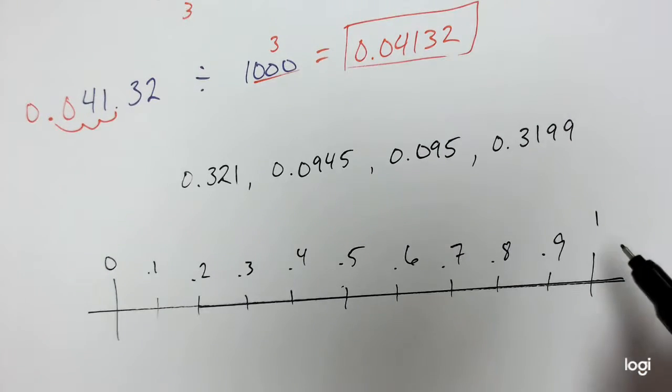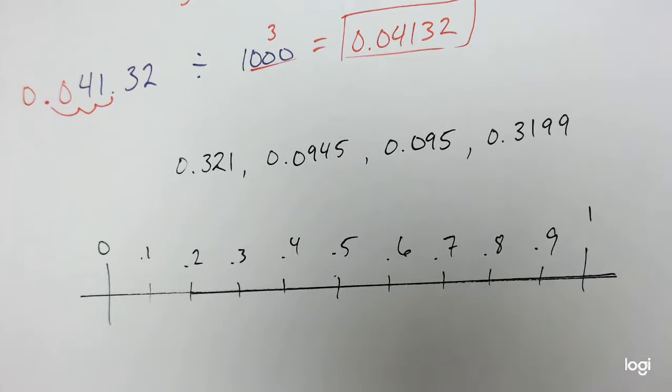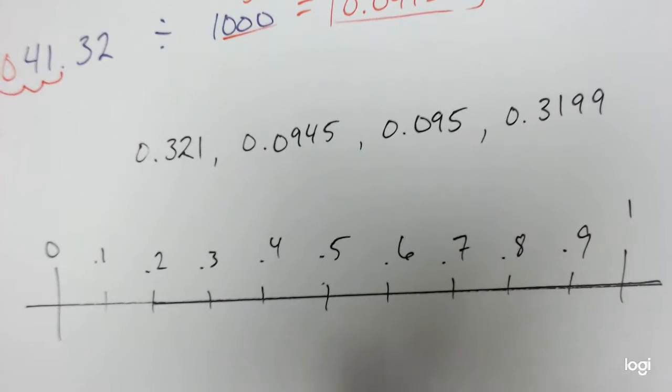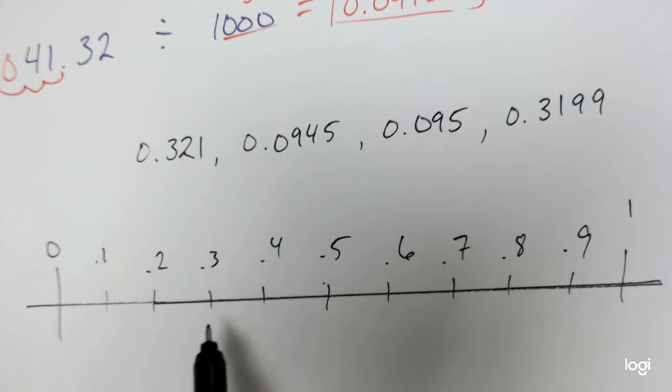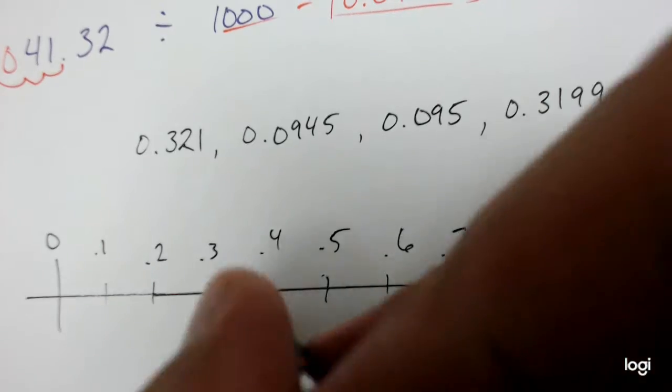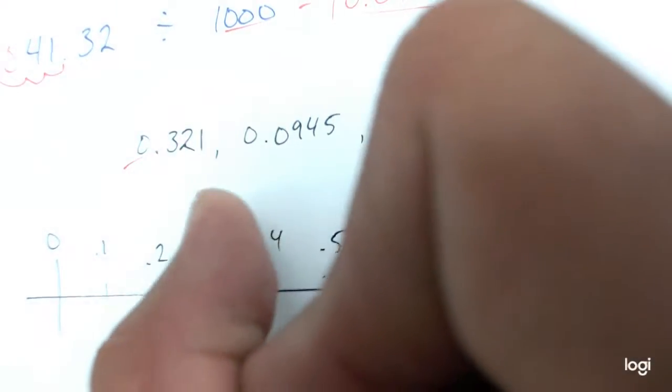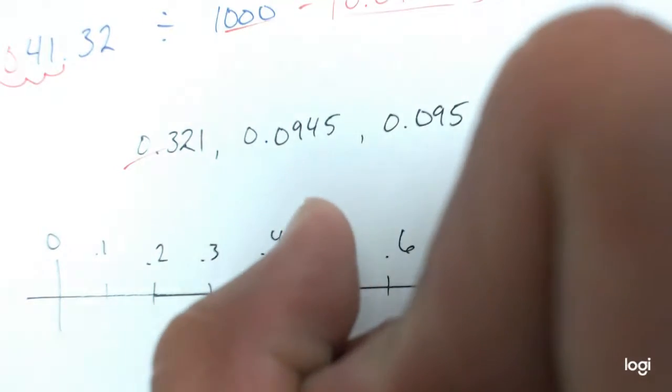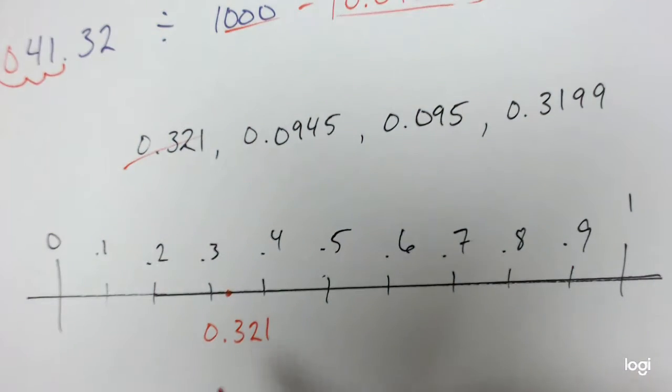All right, and this will kind of help me figure out where these numbers lie, just based on the first place value. So if I go to the number 0.321, I know 0.3 and then 21 is going to be somewhere after this 3. So I can cross that one out, and I can put 0.321. All right, so there's one of my numbers.